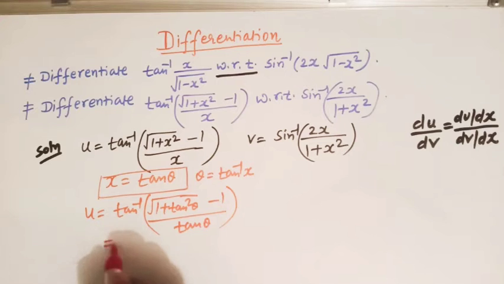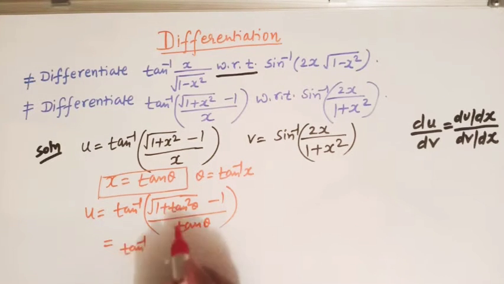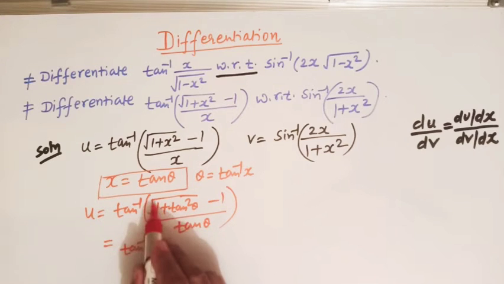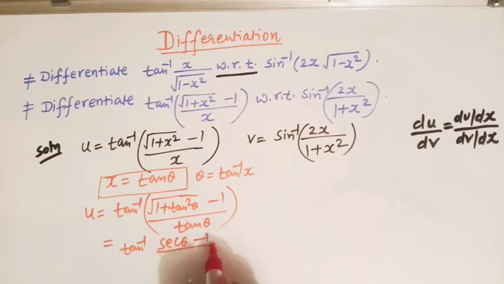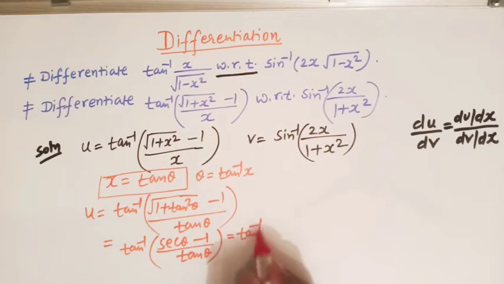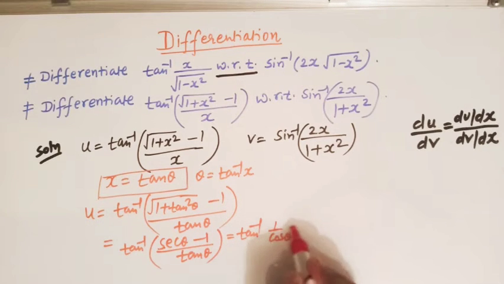Okay, so this becomes tan inverse, 1 plus tan square theta is sec square theta, and the square root of sec square theta is sec theta, minus 1 divided by tan theta, right? So we can write this expression as tan inverse, sec theta is 1 over cos theta, minus 1 divided by sin theta over cos theta, right?